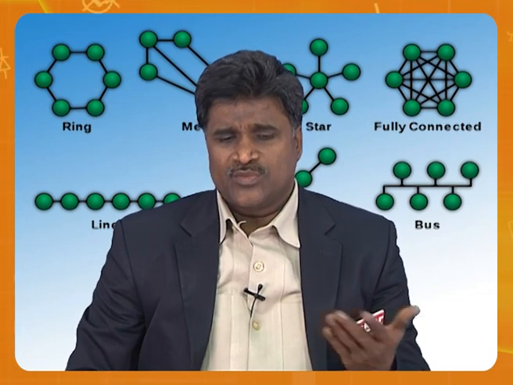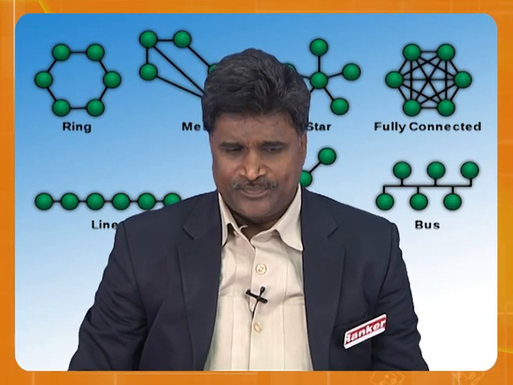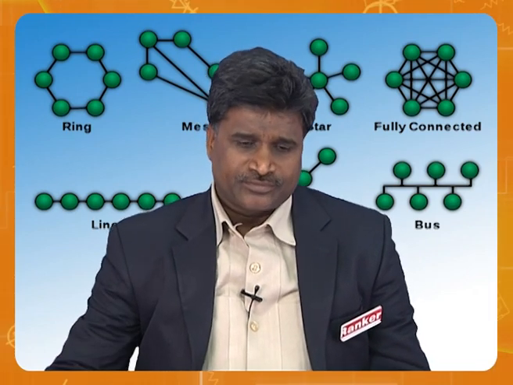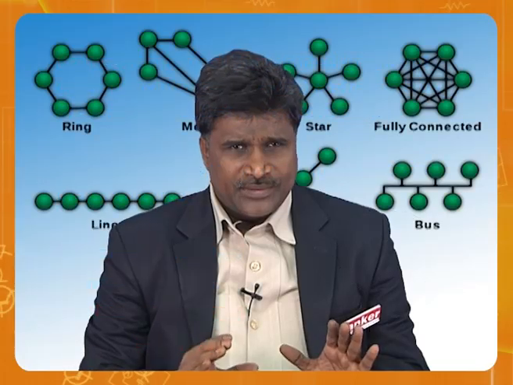So we have seen what a tree is and what its properties are, meaning how many trees and how many branches there are. Now let me illustrate. Next one is co-tree. The part of the oriented graph not covered by the tree is called a co-tree, and its branches are called links, chords or ties. Very simple.